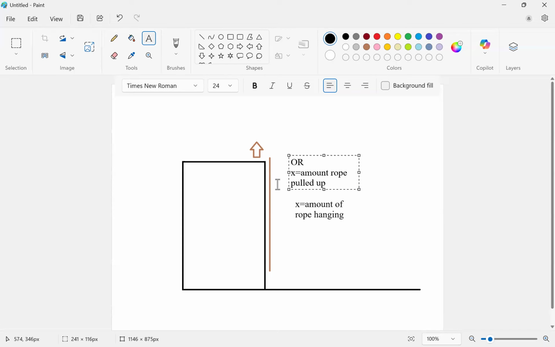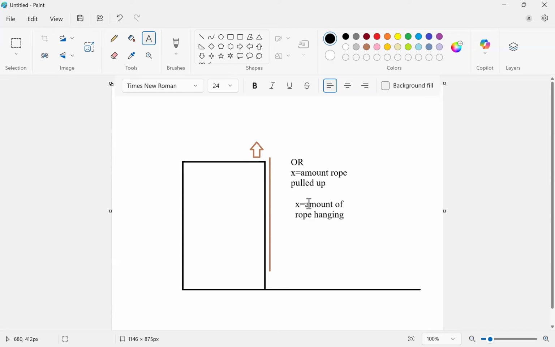So at the start, if x is the amount of rope I already pulled up, I'd be starting at 0 because I've pulled no rope up. And 100 would be hanging. At x of 20, I would have pulled 20 up and 80 would be hanging.